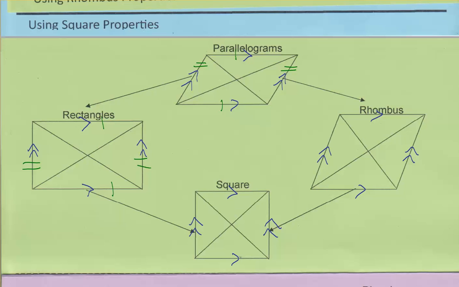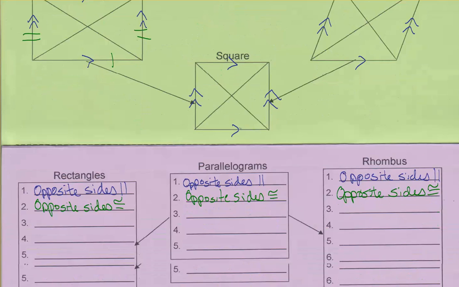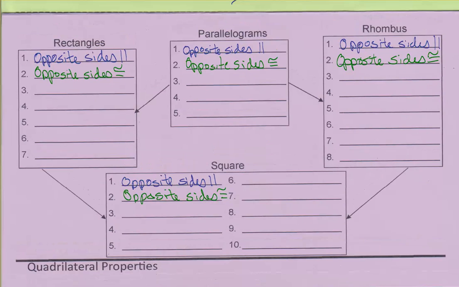Next, the diagonals bisect each other. So this is diagonals and bisect each other.